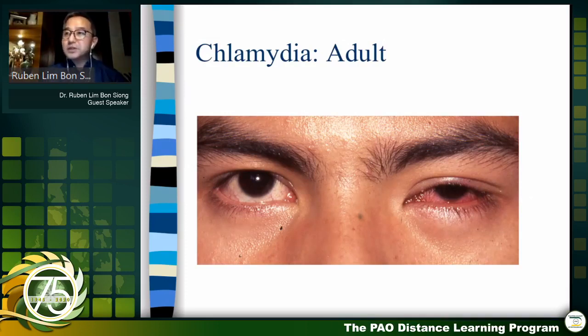Of course the history is very important. In a sexually active adult, that should be asked. If you have that and you see this, then you're almost sure of your diagnosis.